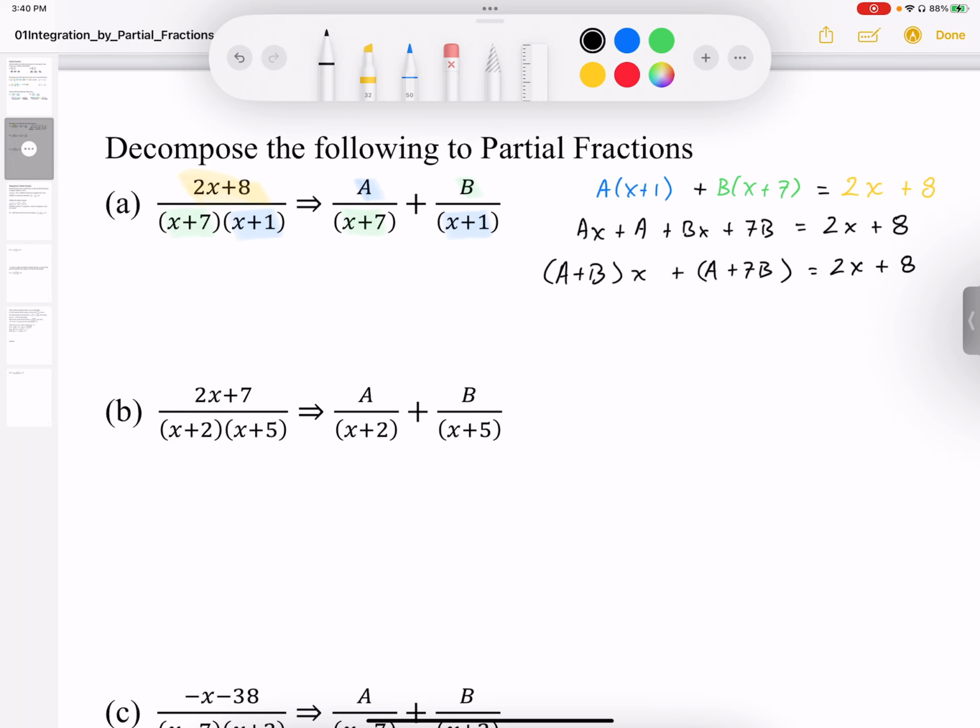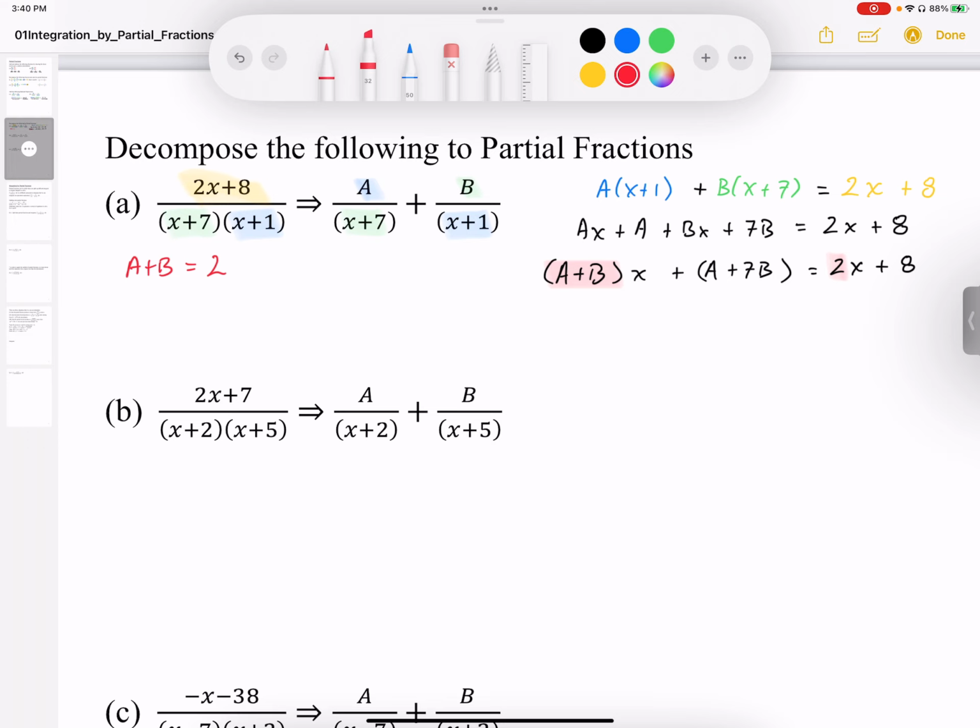Well, the strategy of equating coefficients allows me to come up with two different relationships, because I know that the coefficient on the x on the left-hand side of the equation must equal the coefficient of x on the right side of the equation. That's going to give me one of my relationships. So I can say that a plus b is equal to 2.